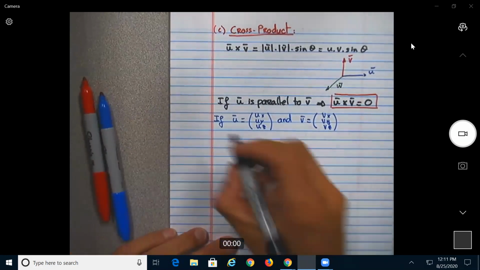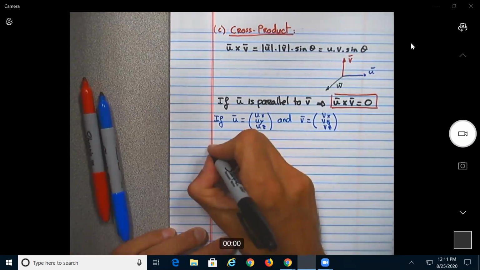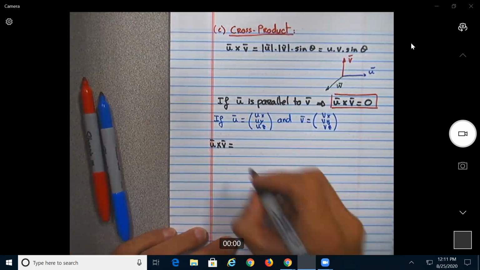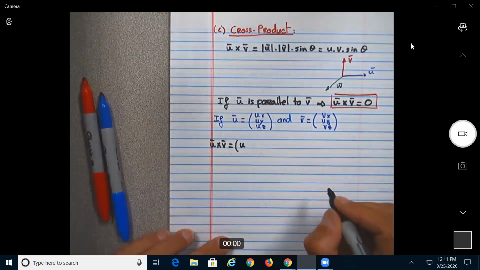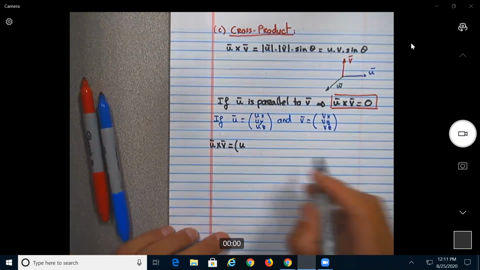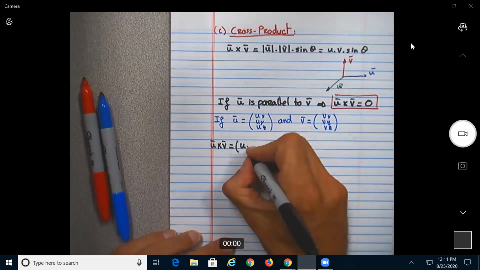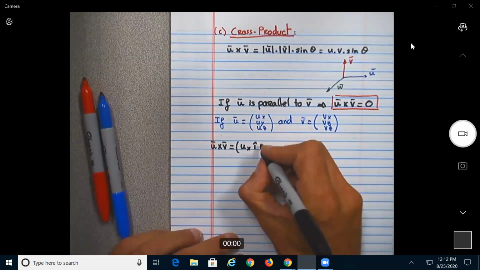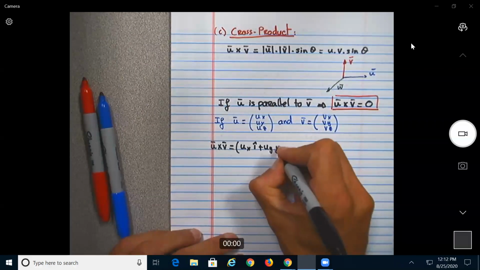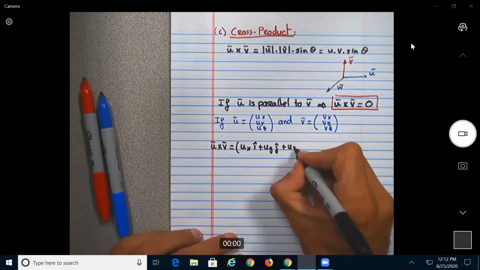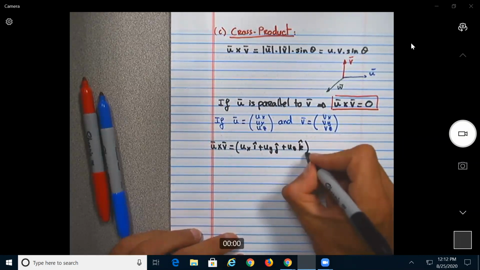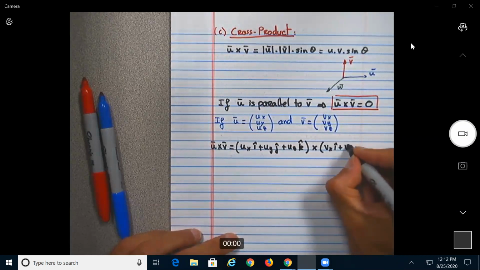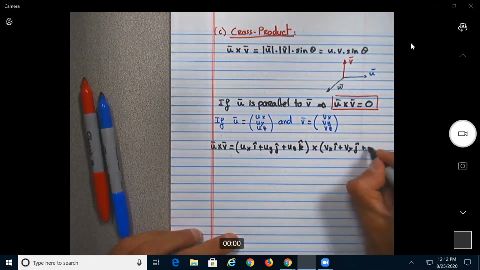So if we do U cross V, it would be equal to what? I should have used U1, U2, U3, doesn't matter. We use the X, so it will be Ux I plus Uy J plus Uz K cross Vx I plus Vy J plus Vz K, no?